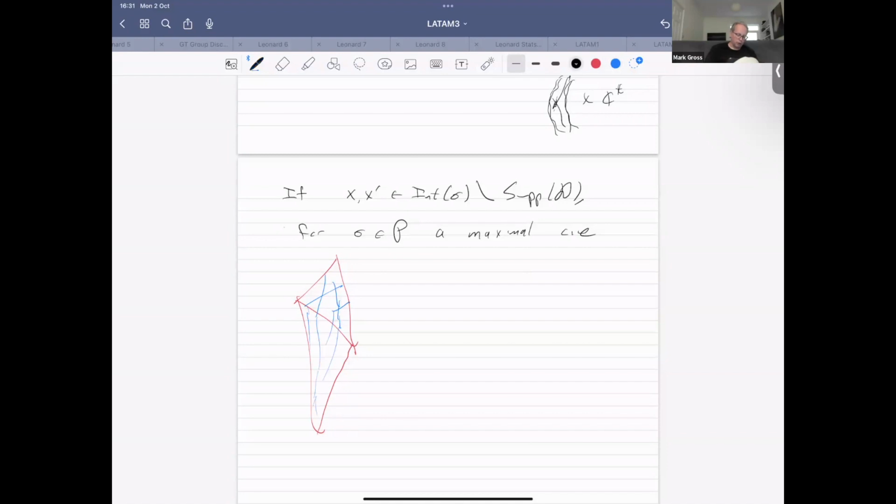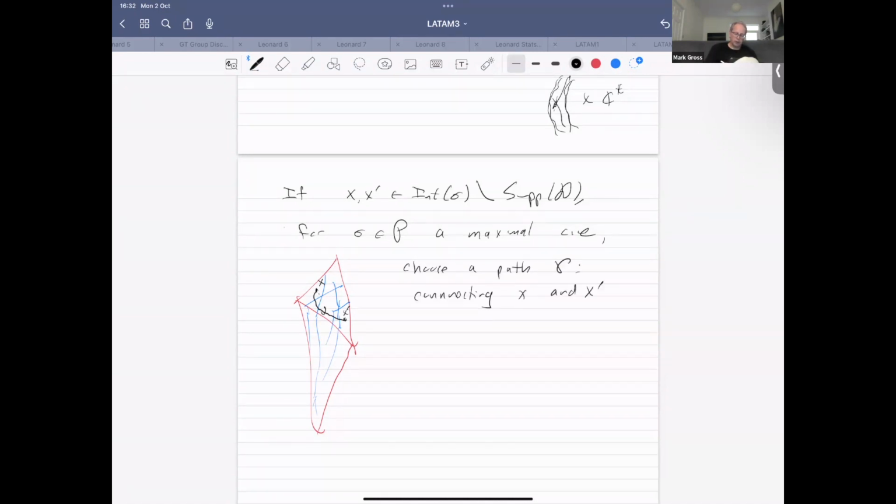And then we have 2 points, x and x prime. I want to choose a path connecting x and x prime, gamma connecting x and x prime.